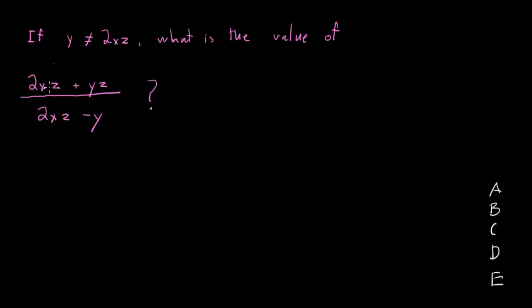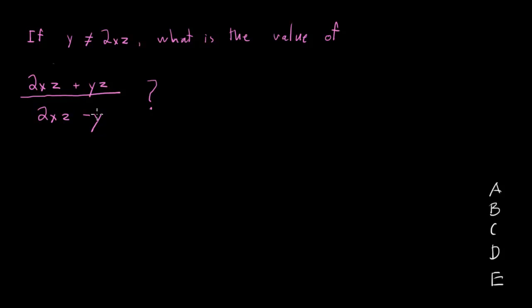But that is not the case here. We've got 2xz plus yz, and we've got the minus down here, so we cannot cancel these guys out, which is a shame. Although I think it's probably no mistake that the question writer temptingly put this 2xz right over this 2xz, because they knew they'd catch a number of test takers that way.